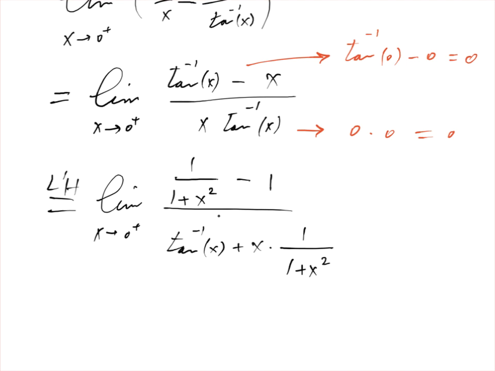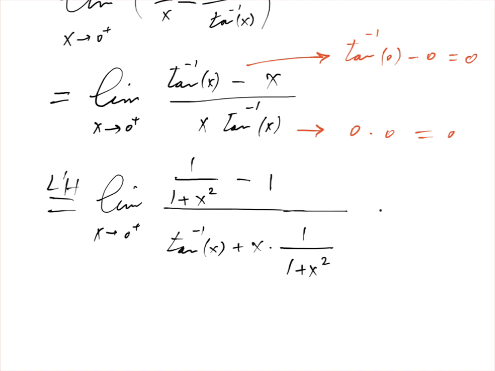Before you try finding the limits of numerator and denominator to see whether it's still 0 over 0 or we can find the final answer here, let's do some algebra to this one.